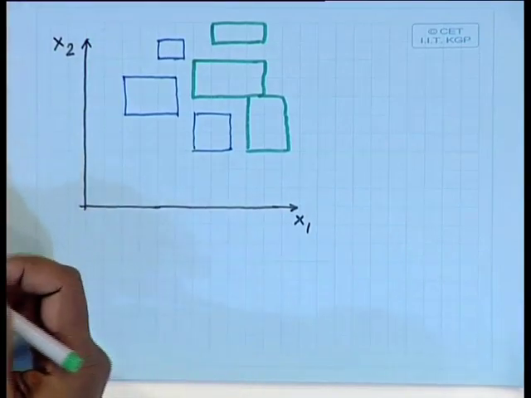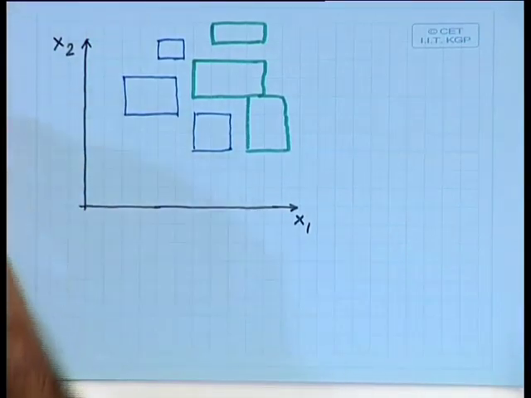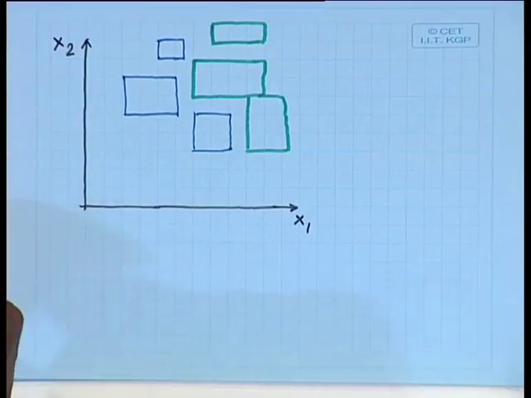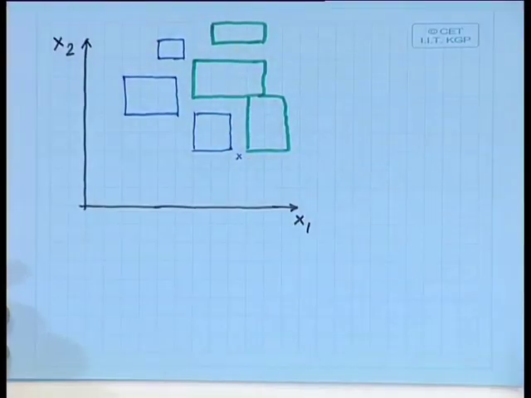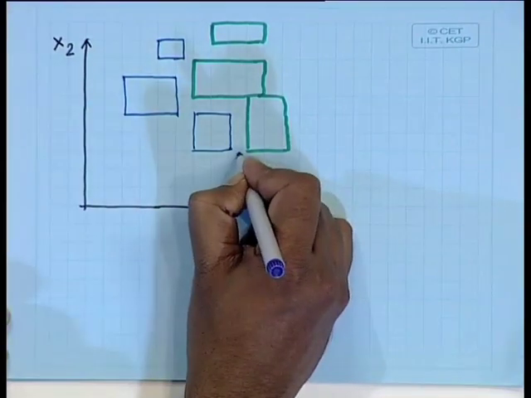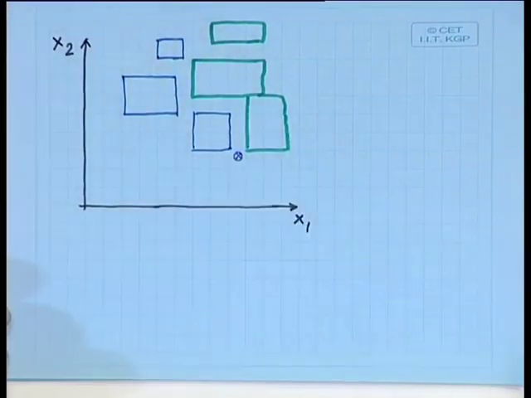Okay. So, because these hyperboxes are created using the training samples, it is obvious that all the training samples which are given are covered by at least one of the hyperboxes. But given an unknown sample, if an unknown sample falls somewhere over here, this is the position of the unknown sample.